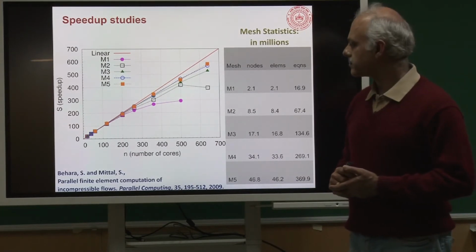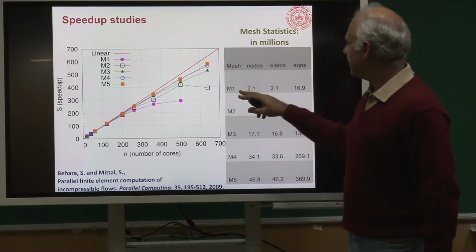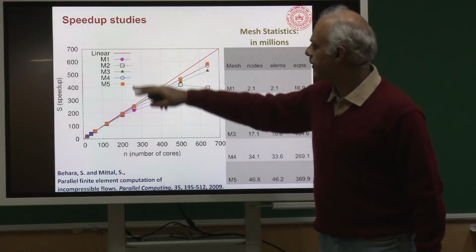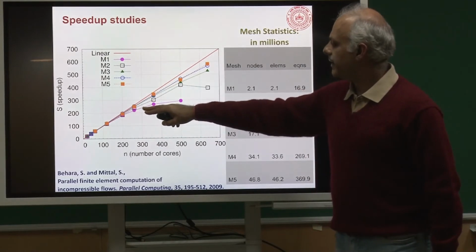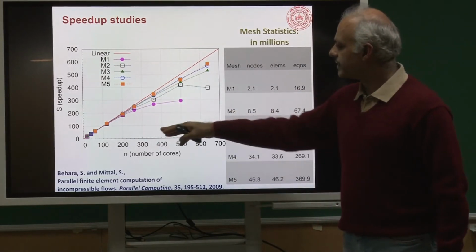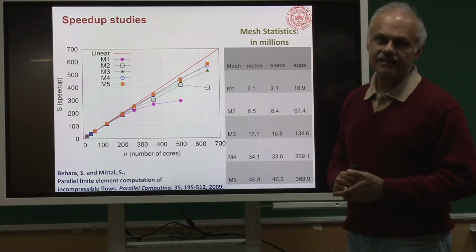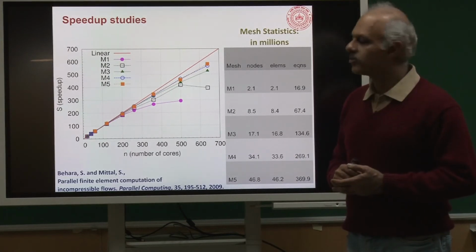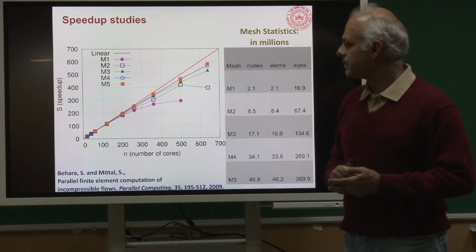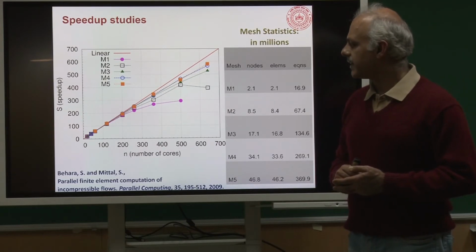Okay. So as you can see, if I look at the coarse mesh, the M1, it scales up to some point, and then beyond a certain point if I increase the number of cores, it does not help me.